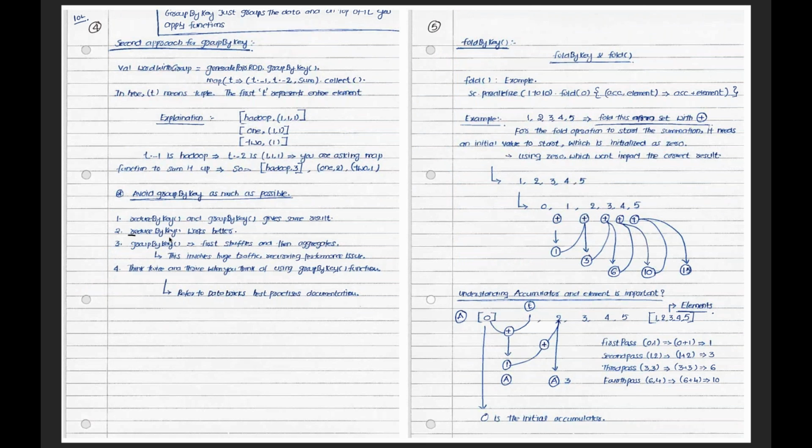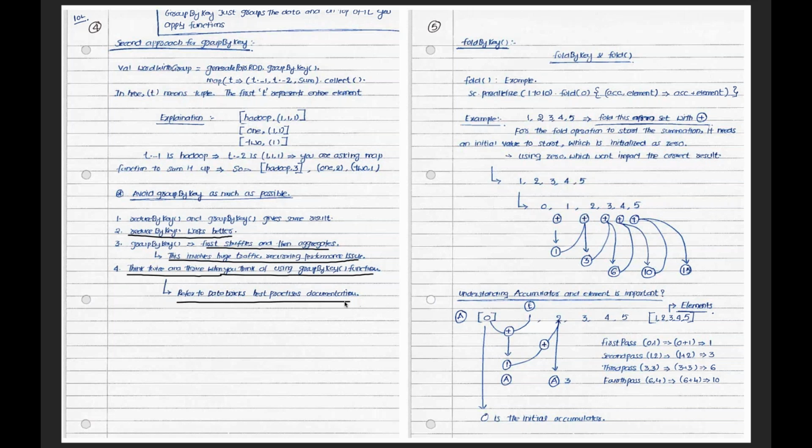Now reduce by key works better. Group by key first shuffles and then aggregates. This involves huge traffic and recurring performance issues. Think twice and thrice when you think of using the group by key function. Refer to the Databricks best practice documentation, which I will show you later. I have the documentation ready. I'll show you that later. So now you understood reduce by key, you understood group by key.